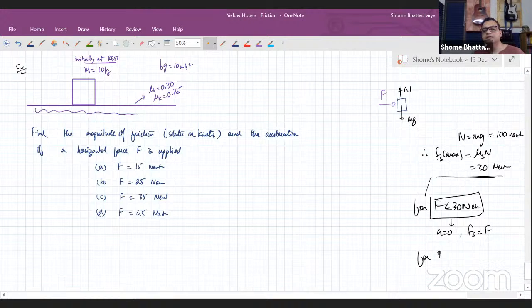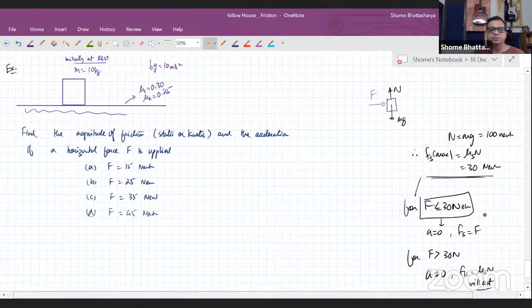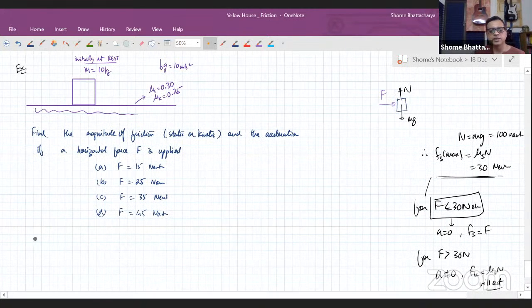Whereas the moment I apply a force of greater than 30 newtons, the acceleration of the block will not be zero and kinetic friction equal to mu k into N will act. How will it act? Opposite the acceleration. It will try to prevent the slipping. So that is why in A part and B part, this is what will happen.